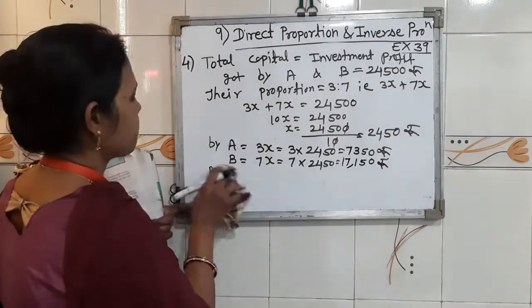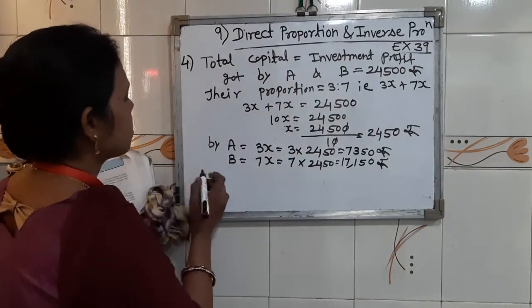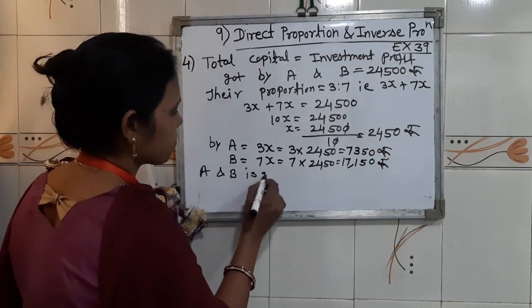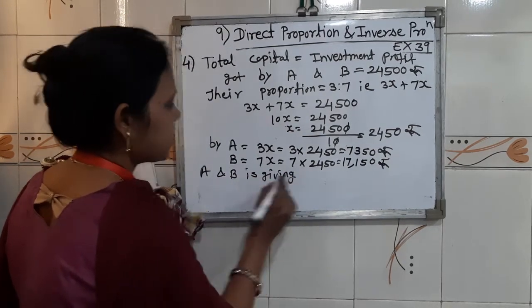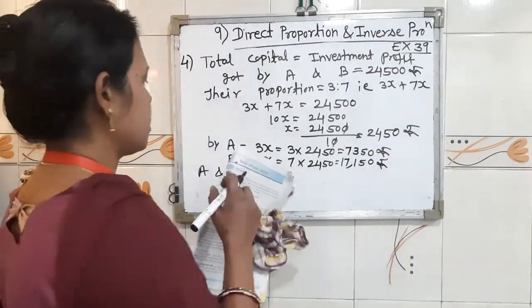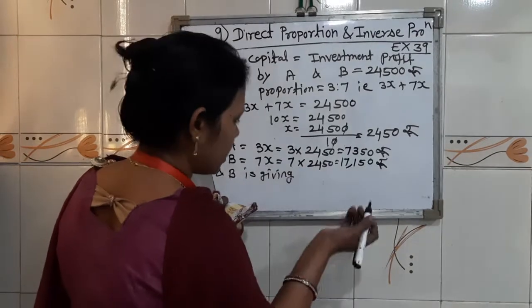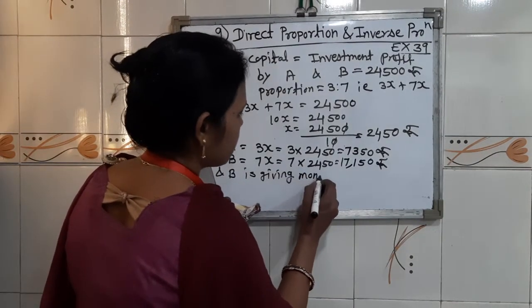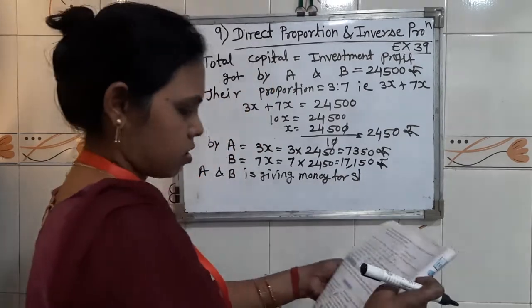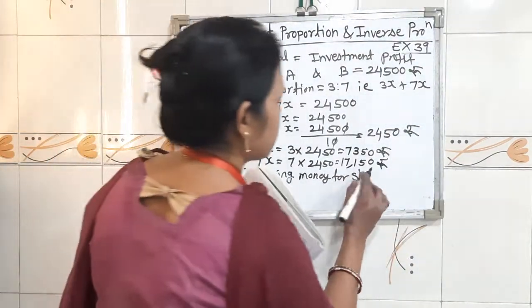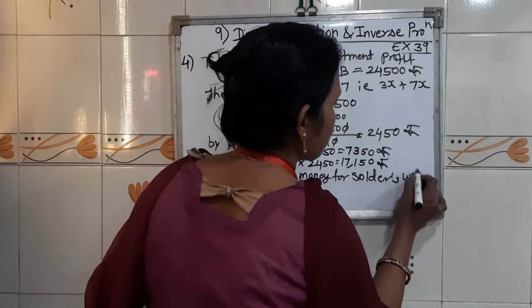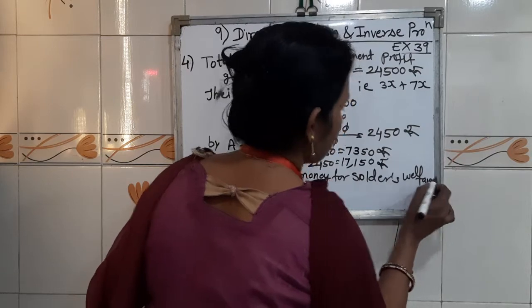Then we will write A and B are giving, or donating, money for the soldiers welfare fund.